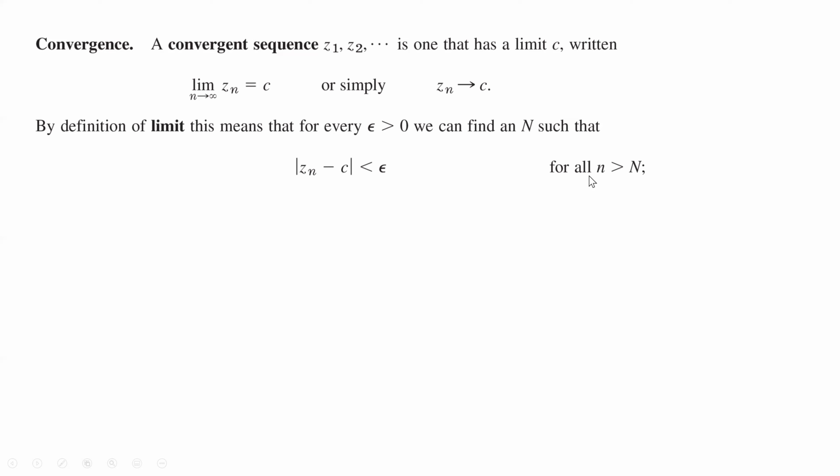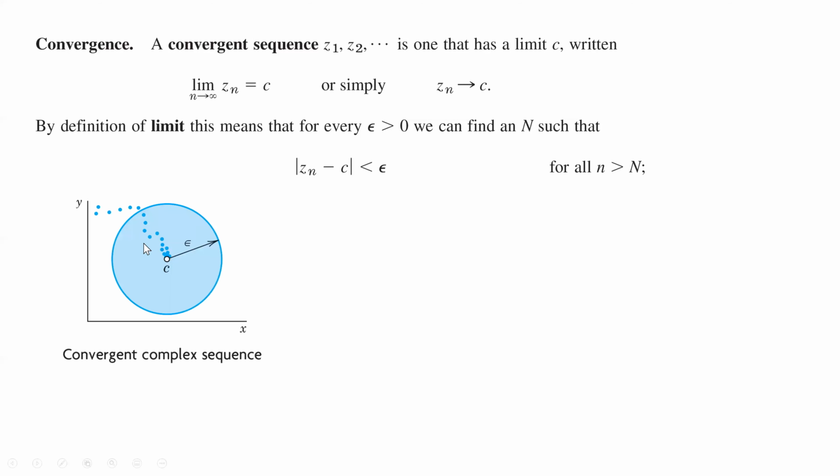Then I look around and find an N, for example, a billion or a few billions. And then it says for all n greater than that number, all of these terms of the sequence are closer to c than epsilon. I mean, they are in the epsilon neighborhood of c.